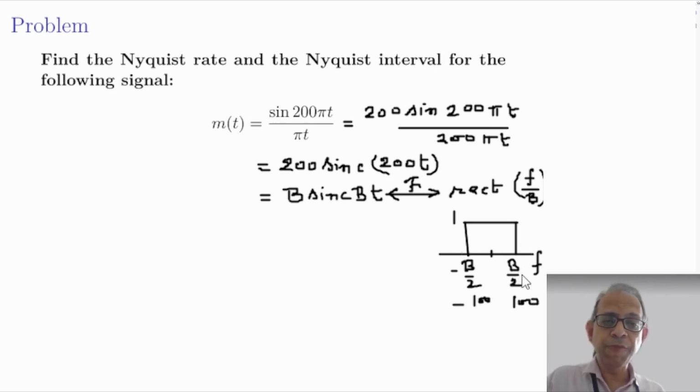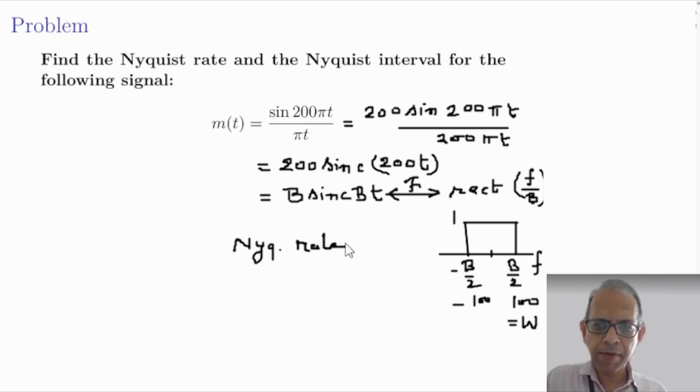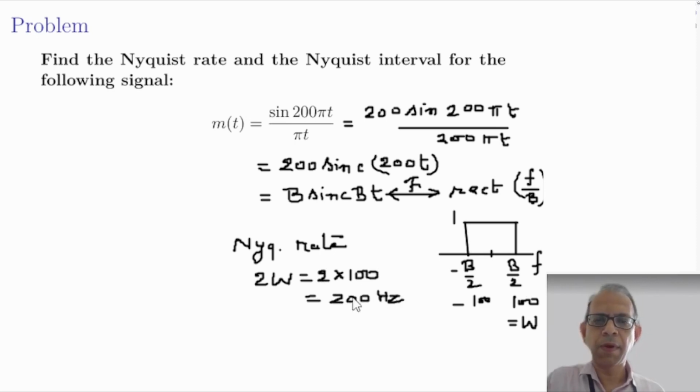So the maximum frequency present here, b by 2, which we denote by W, is 100 hertz, and therefore the Nyquist rate, which is given by 2W, is equal to 2 into 100, which is 200 hertz, or you can also call it 200 samples per second.